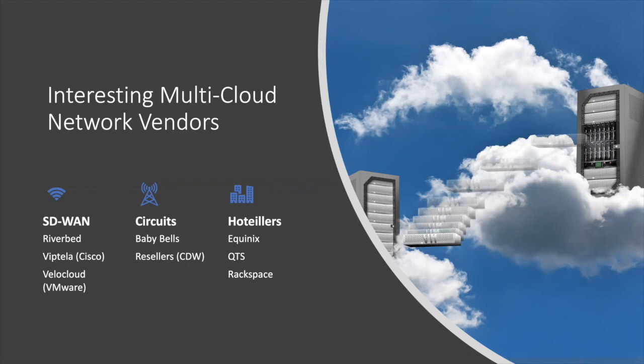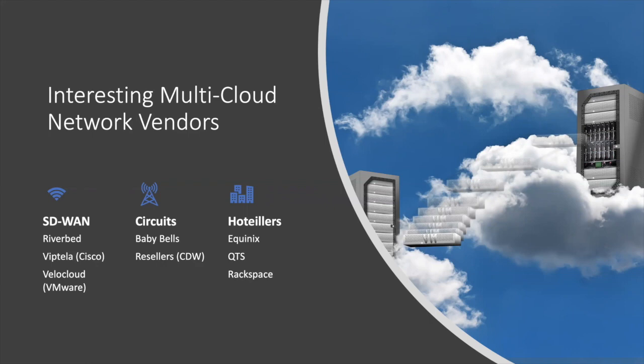Well, it's that ability to intelligently pick routes that makes SD-WAN even more interesting for multi-cloud. There are plenty of options, there's no shortage of vendors that will help you put virtual appliances inside of your VPC or your virtual networks in Azure, Google Compute, AWS, to intelligently route traffic over the best path.